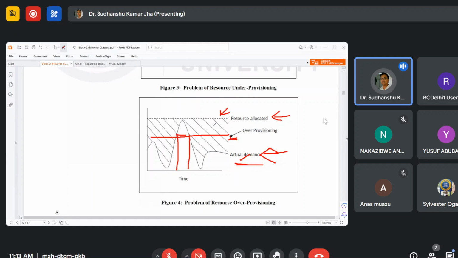In the case of over provisioning, you can see that for this much amount of time only, most of the resources have been utilized, whereas before and after that, very few resources are required, not a big number. So this is known as over provisioning.